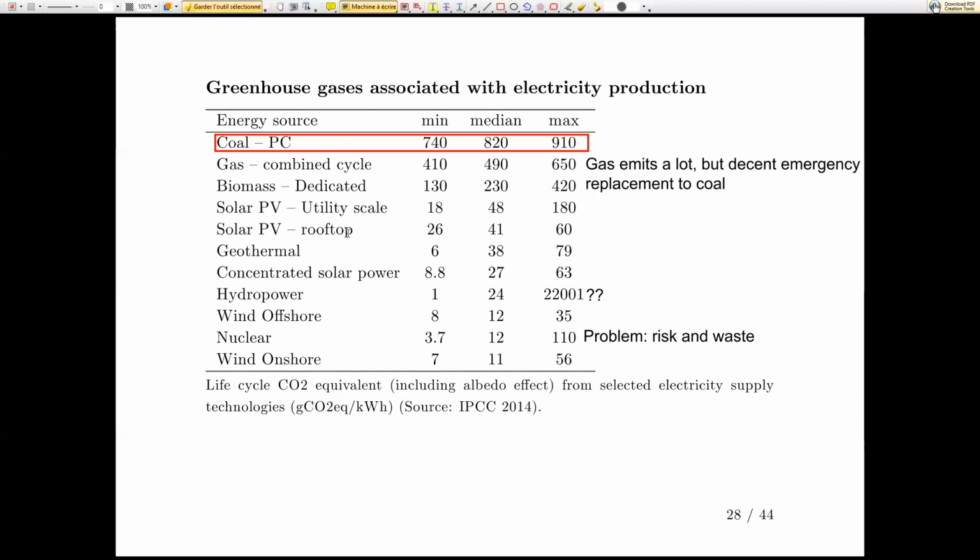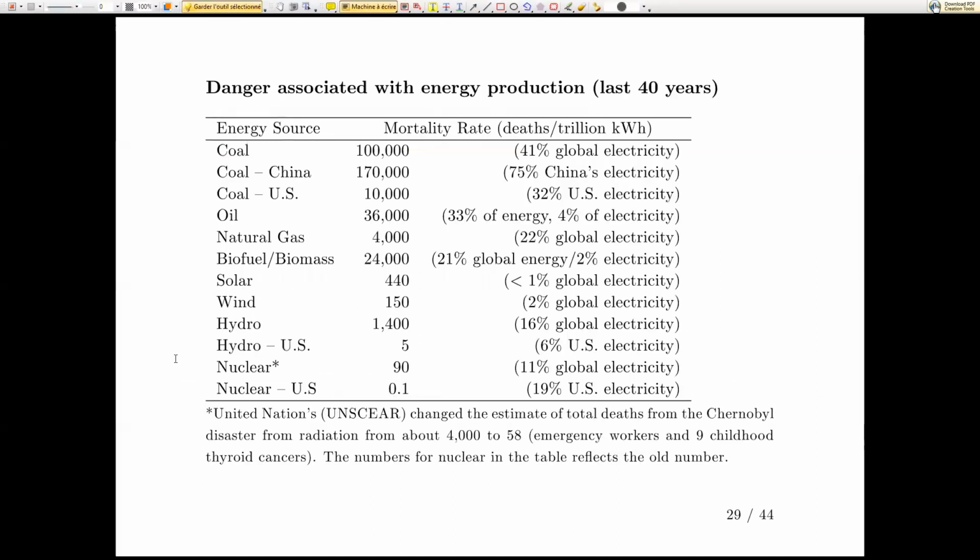As we said, the more dangerous one is nuclear for risk. So let's look at that. We're going to look specifically at mortality rate associated with energy sources.